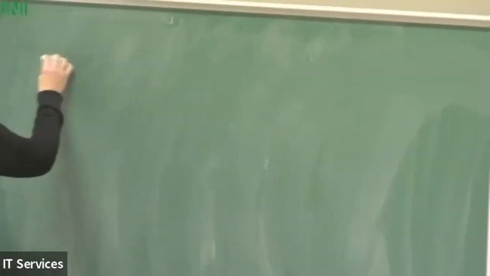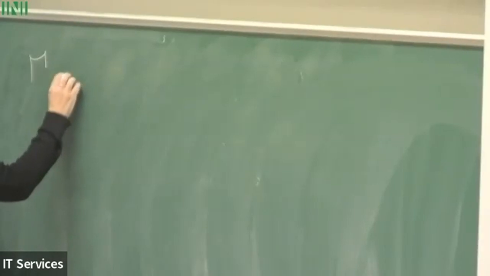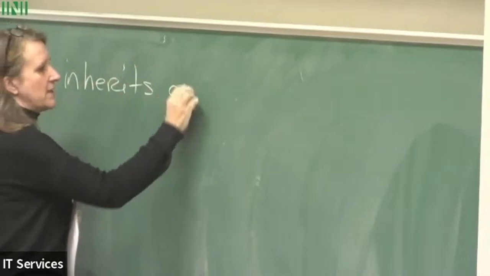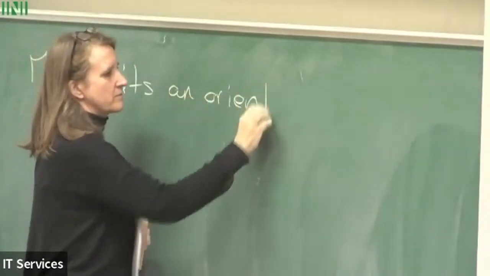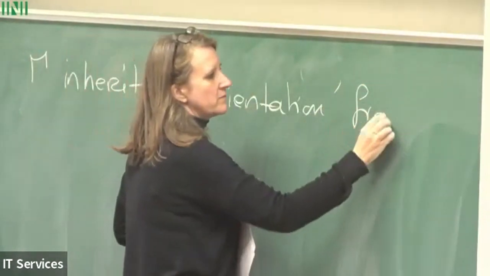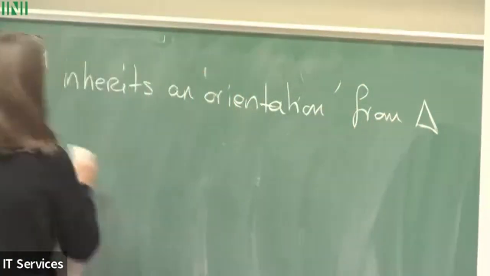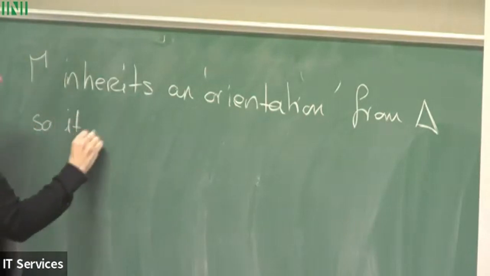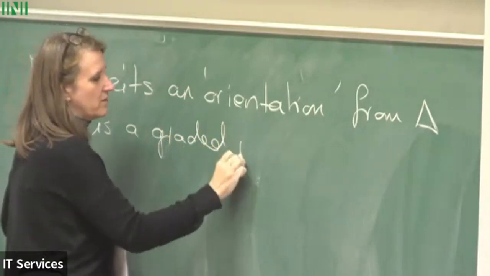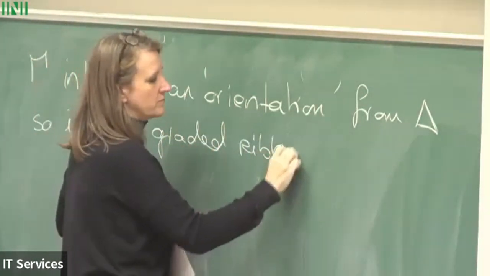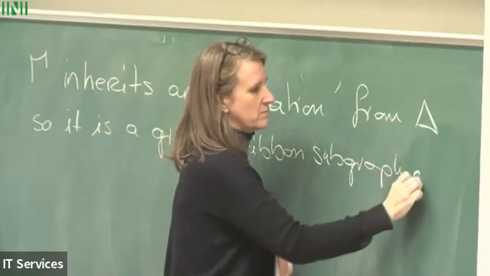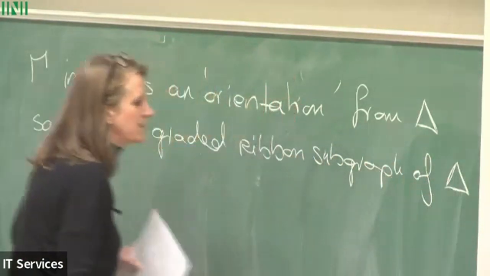So gamma inherits an orientation from delta. So it is a graded ribbon graph or ribbon subgraph of delta.